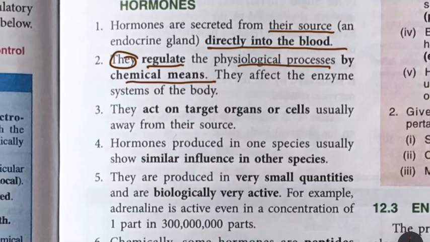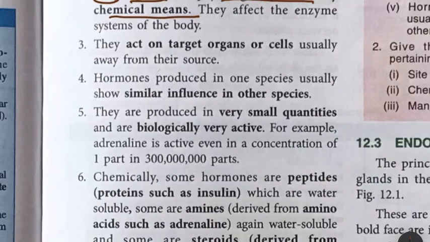They affect the enzyme systems of the body. Enzyme means a biological catalyst which speeds up or brings down the rate of a reaction. They act only on target organs or cells, usually very far away from their source.